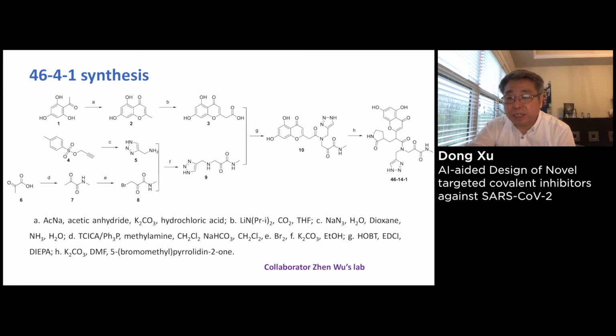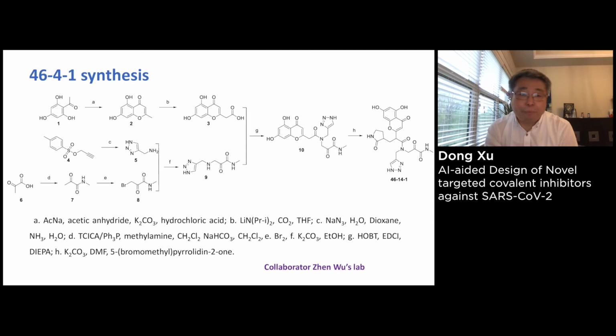We found that we had to adjust a little bit. It's not quite the same as the initial design, but it's just a very minor modification. But we believe it is still close enough to have a very strong binding. In this work, we have not really optimized the best synthesis, so that could be our future work.